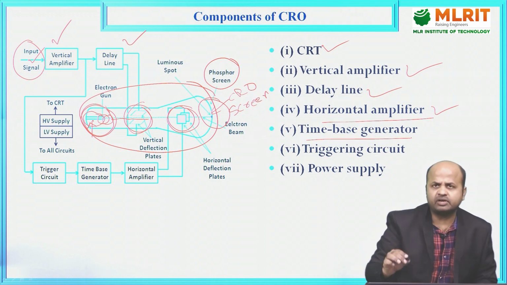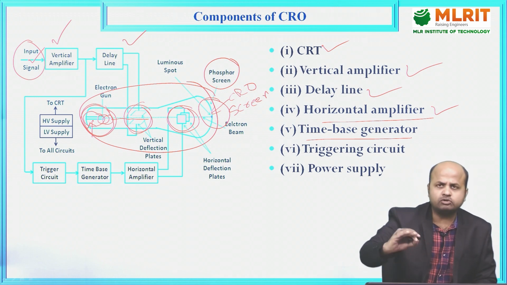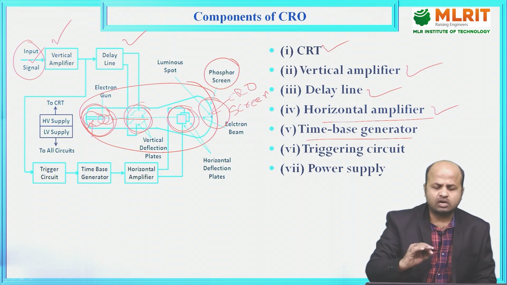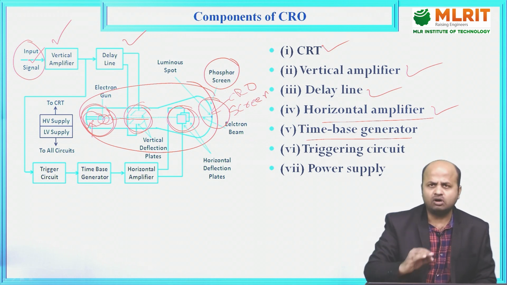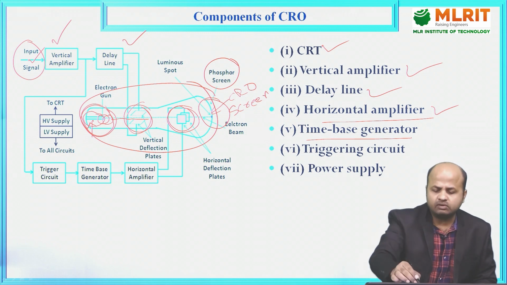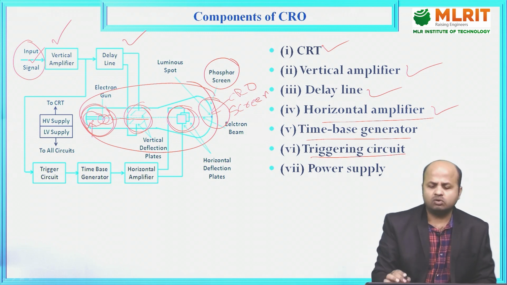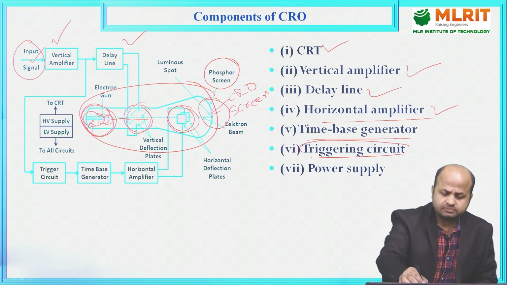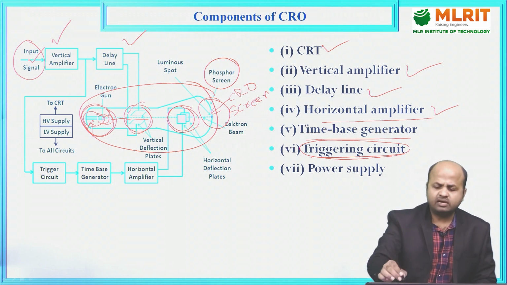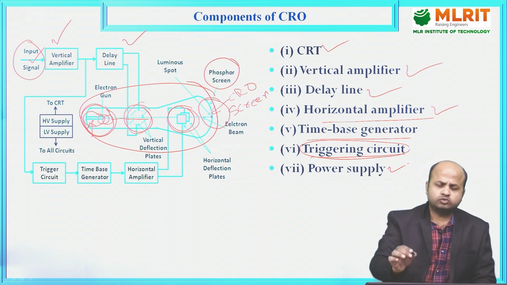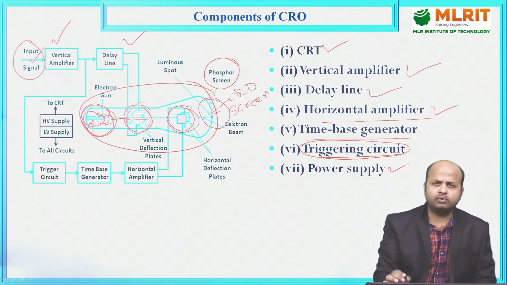Time base generator: the purpose of time base generator is that it will produce a linear voltage to control the movement of the electron beam in the x axis or horizontal axis. Then one trigger circuit is there. This trigger circuit triggers when any input signal is received, and finally one power supply is there. All the details we will discuss in my next lecture video.